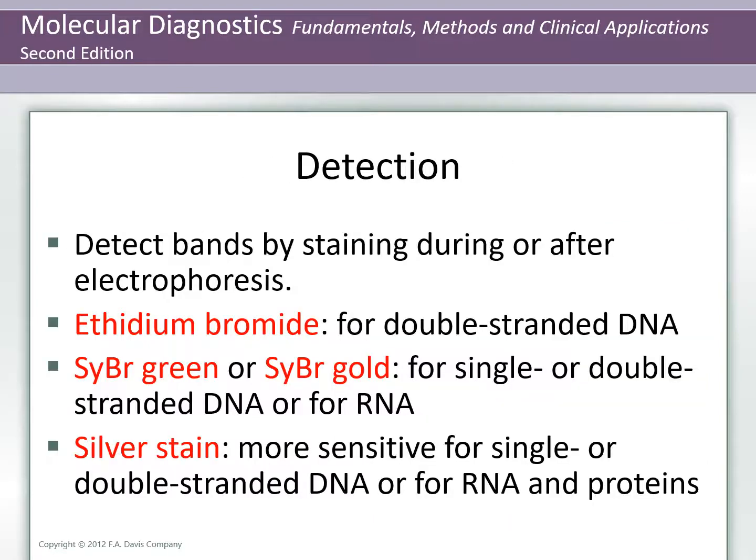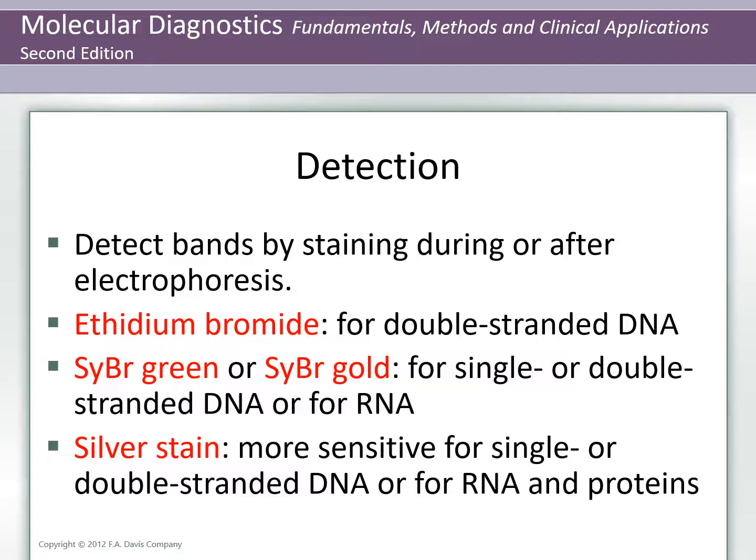Detection of nucleic acid bands can be done by staining during or after electrophoresis. Dyes that specifically associate with nucleic acid are used to visualize the different sizes of nucleic acids after or during electrophoresis. Stained bands can be observed on the gel after the procedure is complete.